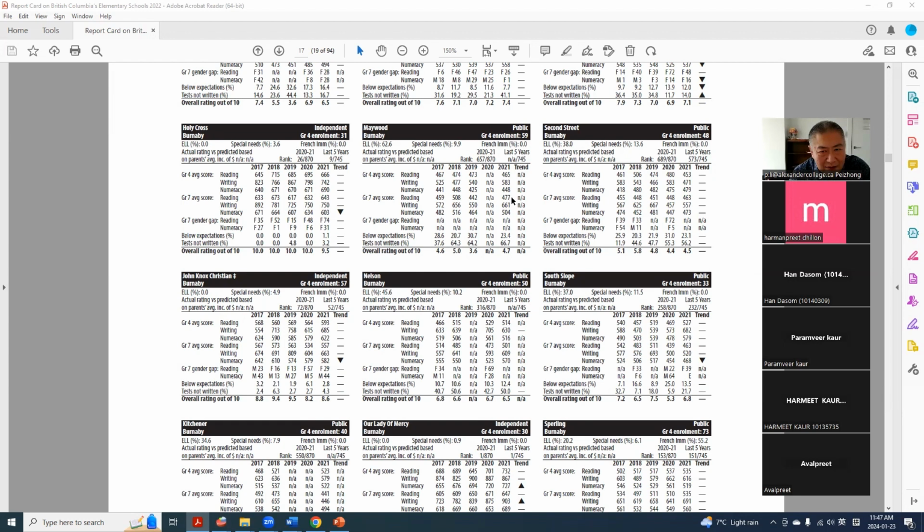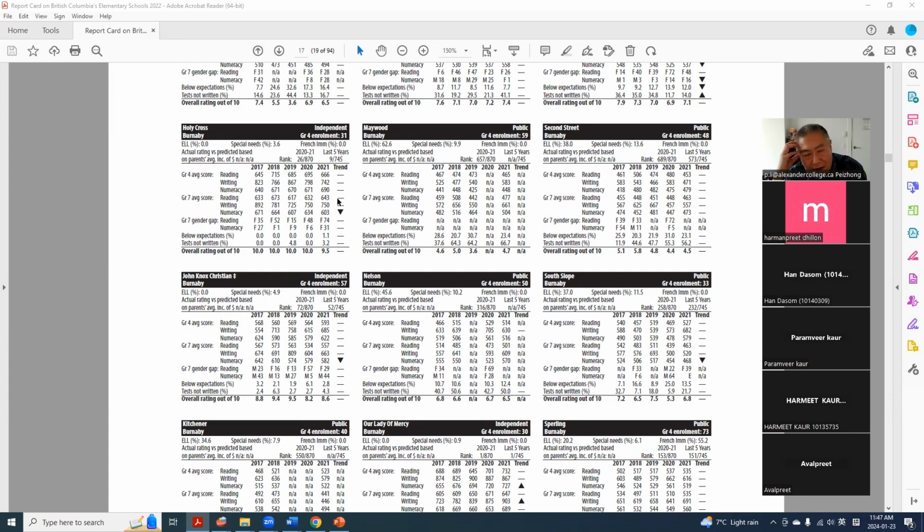Her school average is 477. But if she goes to Holy Cross and got 500, she will not feel so good because she's below the average. The average of Holy Cross is 643.